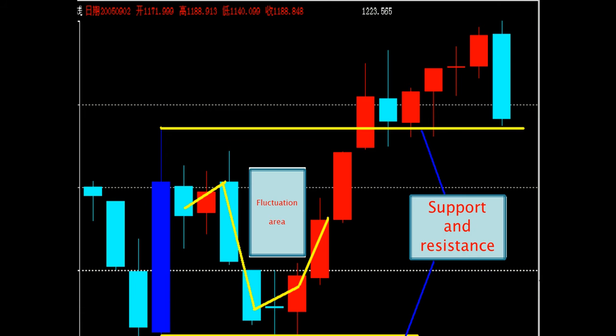If you see the price up and down during this fluctuation area, here is the support, here is the resistance. Okay. So if you see the price still sideways during the fluctuation area, which means you cannot buy, you cannot sell. You need to wait and see, okay?